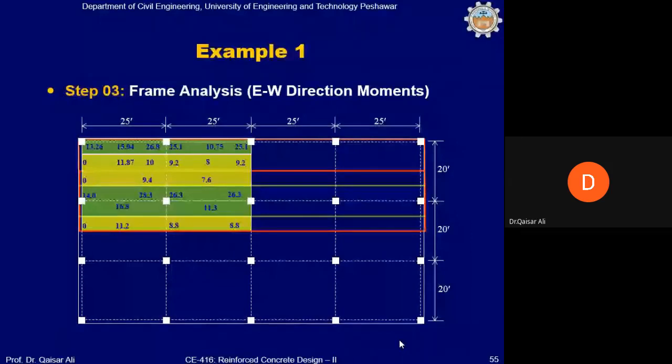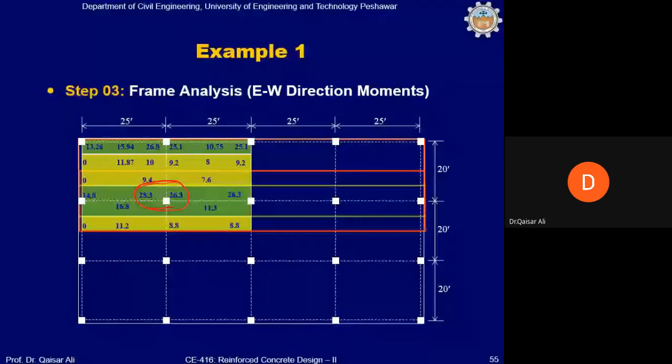Okay, now let me just quickly demonstrate how these flat slabs are then designed after the analysis is completed. I will start with one example. The interior bending moment for a column strip of the interior frame is selected, and you know that this value is 28.3 foot kip.